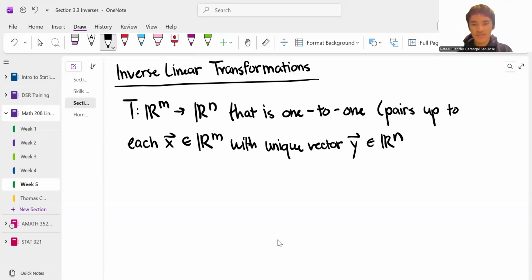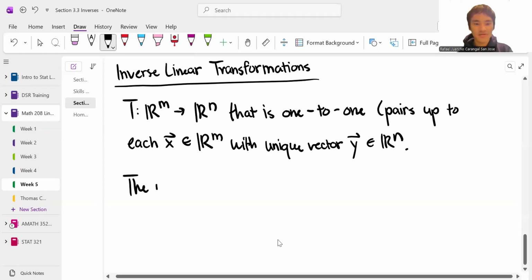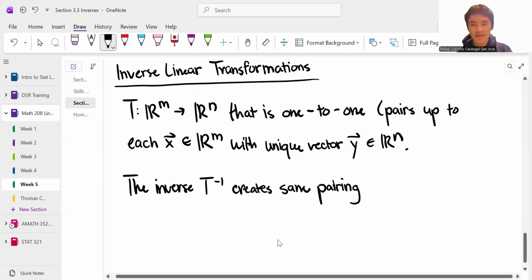And so what does that mean? It means that the inverse, which we denote as T-1, actually creates the same pairing, but in reverse.